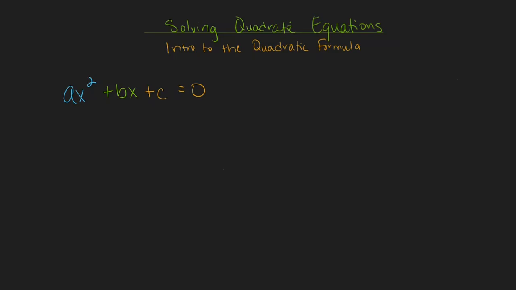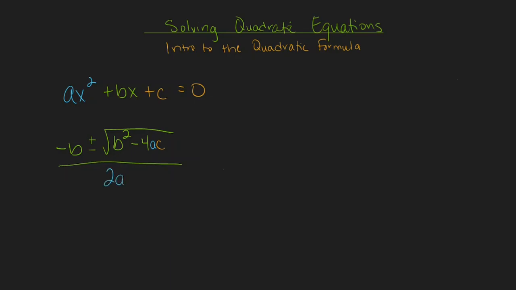These variables are important to remember because they're the same variables that we use in order to complete the quadratic formula. So the quadratic formula is the opposite of b plus or minus the square root of b squared minus 4 times a times c all over 2a.